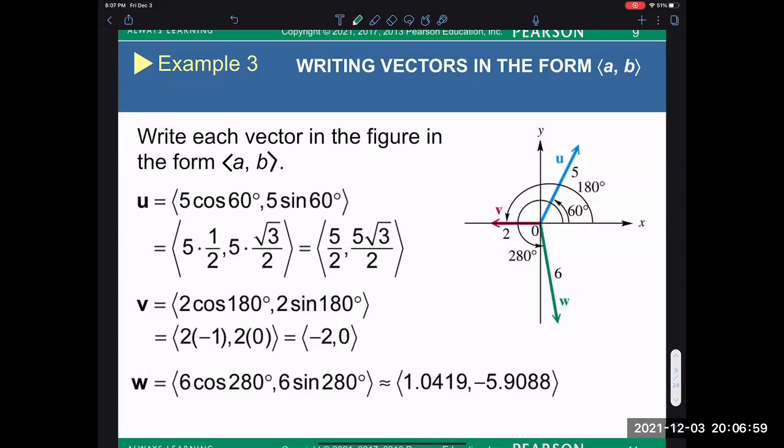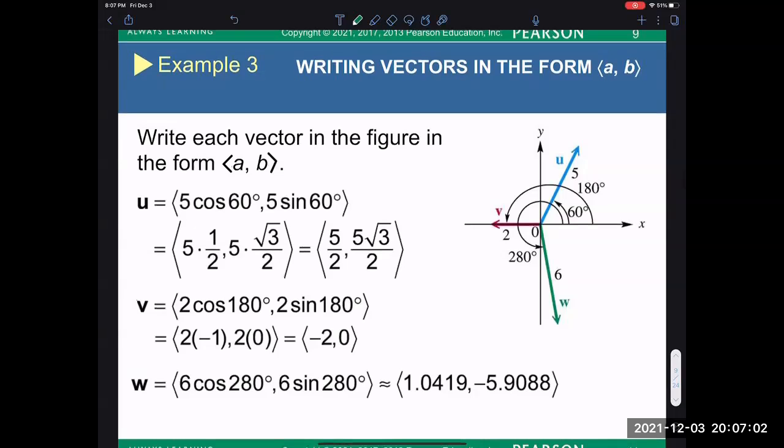Looking at U, we have a magnitude of 5 and an angle of 60 in the picture. As we just did in the previous example, we write 5 times cosine 60 and 5 times sine 60 to get the AB coordinates of the point. Cosine 60 is 1/2 and sine 60 is √3/2. So when you evaluate those and multiply by 5, you get this point, 5/2 and 5√3/2.